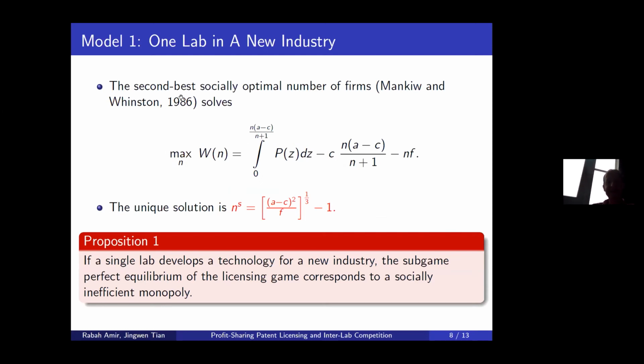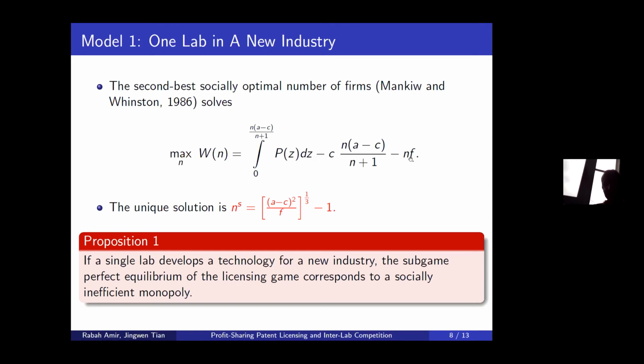So, a little bit of background again. Let me go to the paper of Mankiw and Whinston on second best socially optimal entry. This is the welfare function of a Cournot model. This is the area under the inverse demand curve up to the total output, minus C times the total Cournot output, minus the total entry costs.